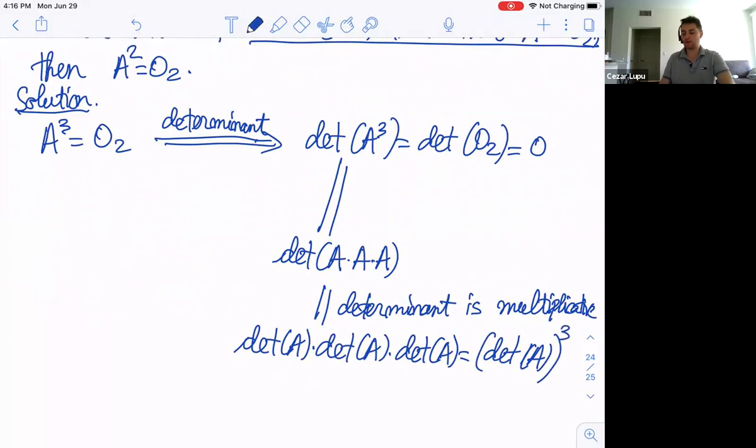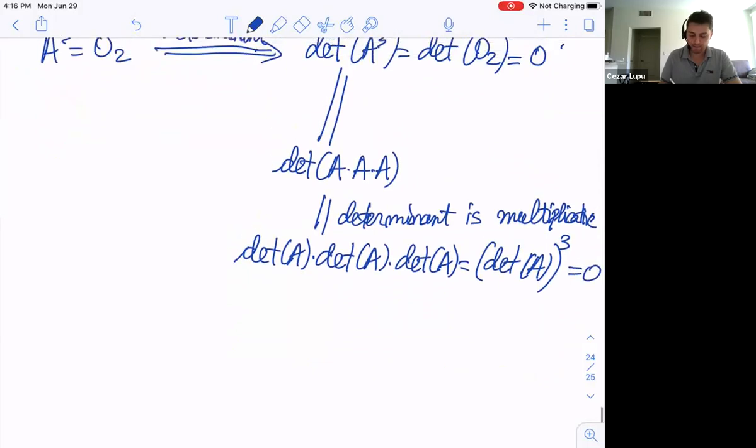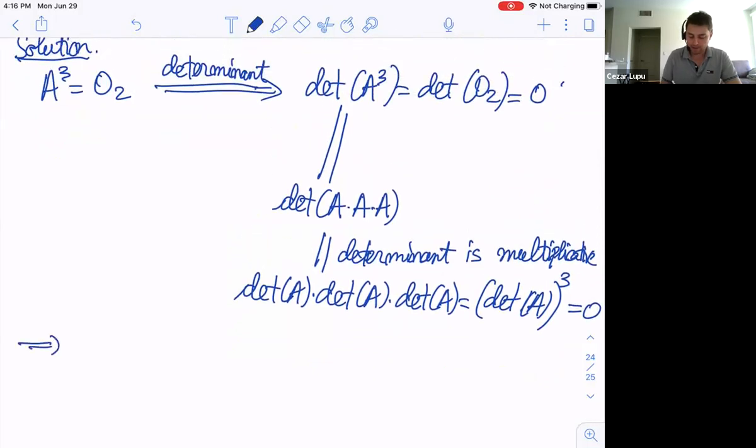So I know that the determinant of A cubed is 0. This implies that the determinant of A is actually 0. So the matrix is singular.